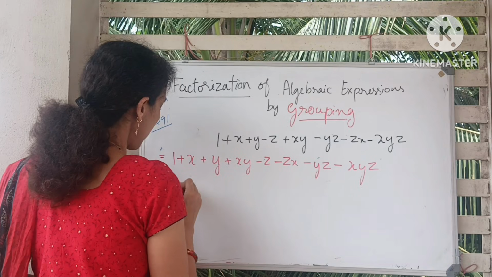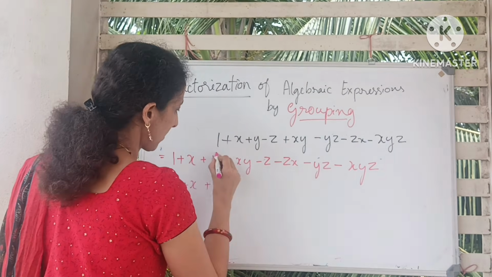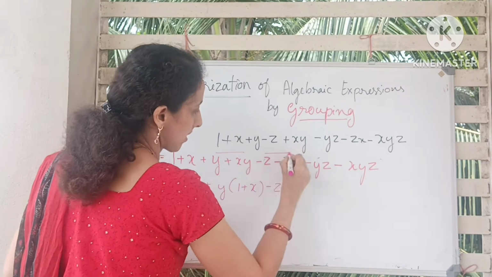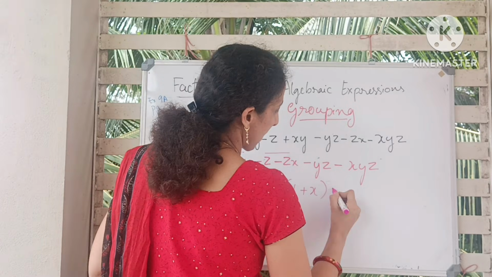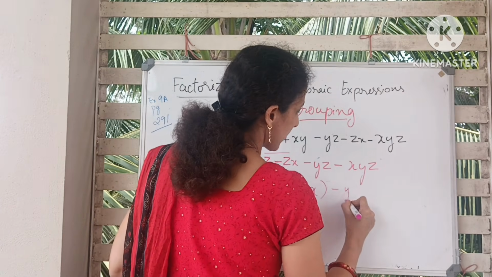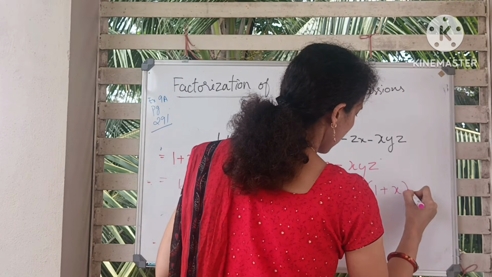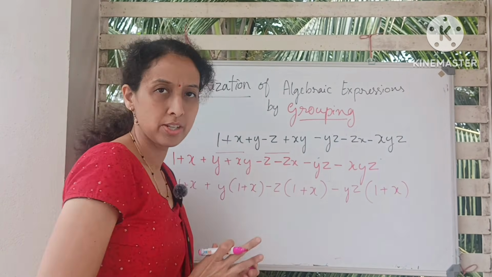We can see that 1 plus x we have, plus y can be taken out, 1 plus x remains, minus z can be taken out, and 1 plus x remains, and here minus yz can be taken out, where 1 plus x remains. This is a better way of grouping.